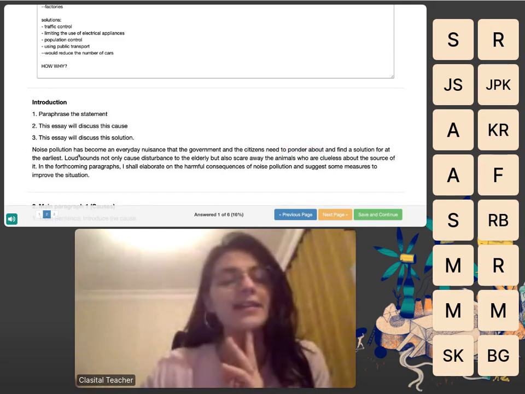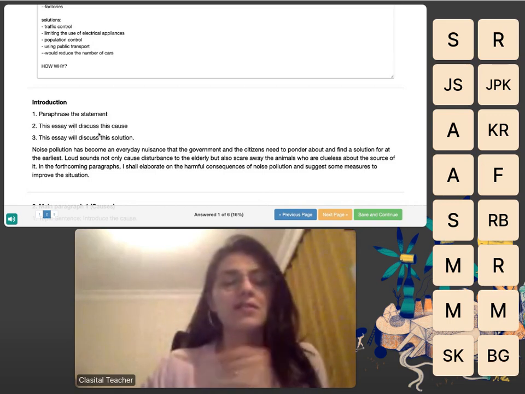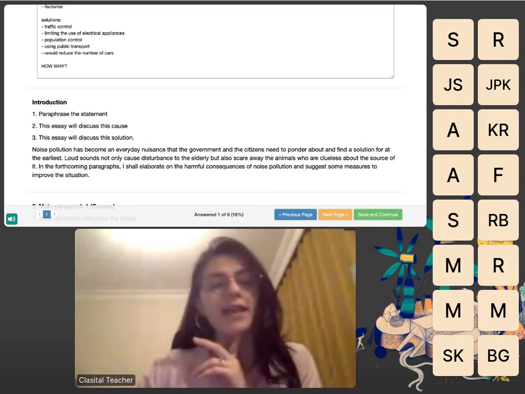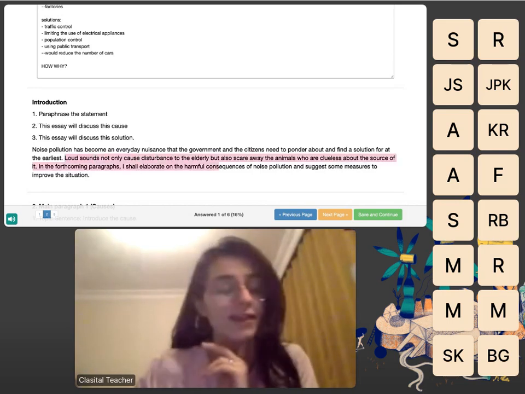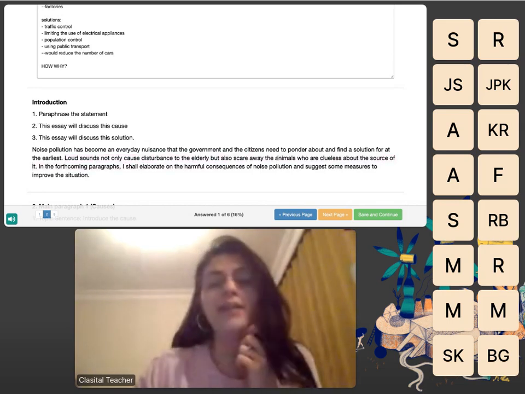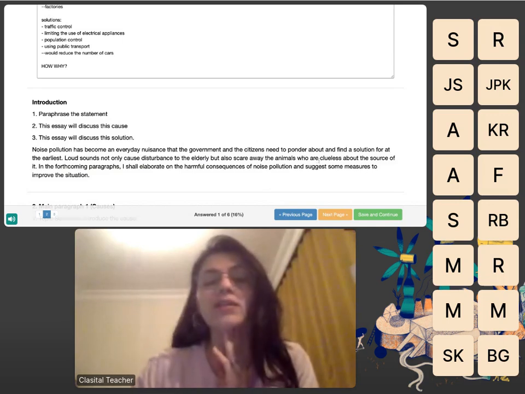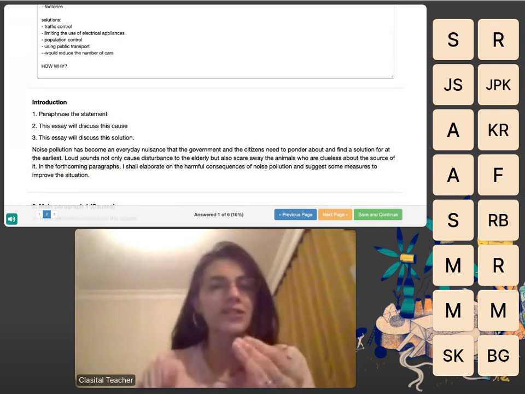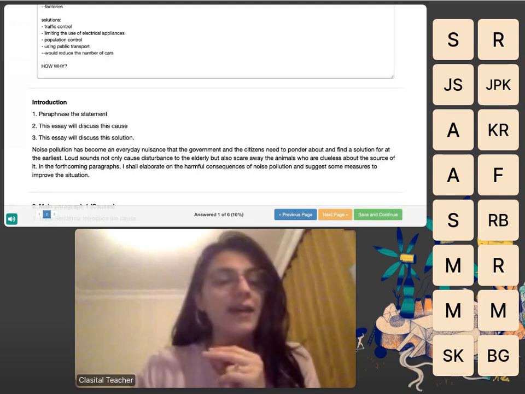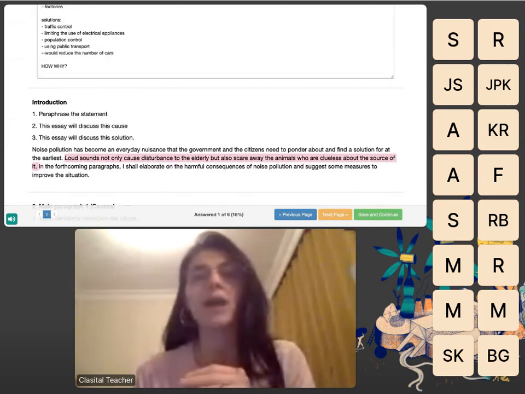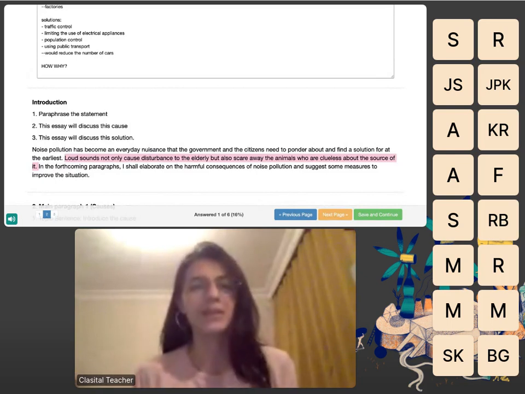All right, and in the second sentence we need to discuss the cause and solution, saying loud sounds not only cause disturbance to the elderly, but also scare away the animals who are clueless about the source of it. So, what did we hear? We gave the two causes that we will talk about in our first body paragraph.